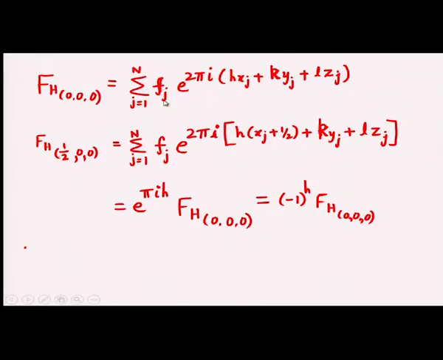The structure factor definition is F(h) equals the summation over j equal to 1 to N, where N is the total number of atoms in the unit cell. f_j is the atomic scattering factor of the jth atom, which varies with respect to sin theta by lambda like an exponential decay curve, multiplied by e^(2 pi i (h x_j + k y_j + l z_j)). These h, k, l are Miller indices defining a Bragg plane, and x_j, y_j, z_j are the fractional coordinates you are determining for the jth atom.